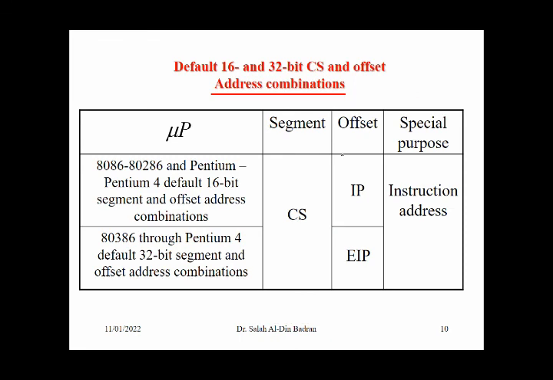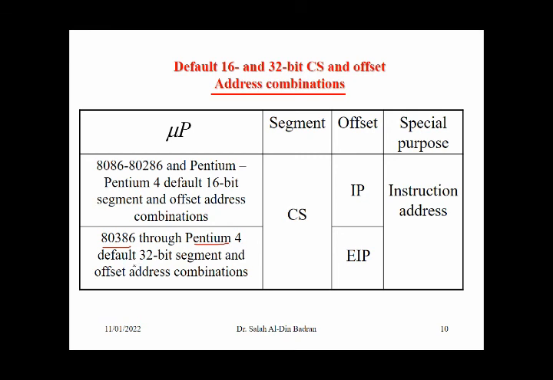This table explains the segments in different microprocessors and the offset of them. This is the advanced one. Which ones you see? You can see here from 386 to Pentium 3.